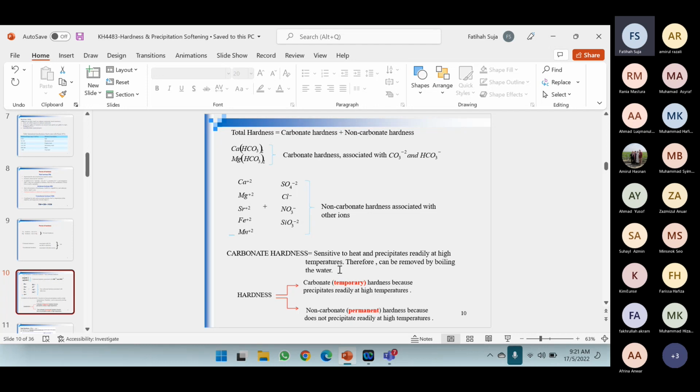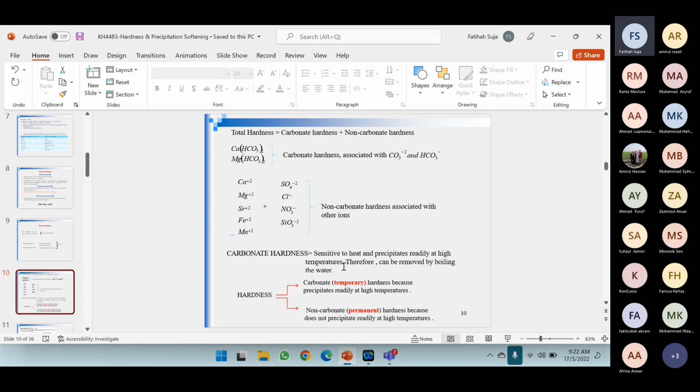Carbonate hardness is sensitive to heat and precipitates readily at high temperatures, therefore it can be removed by boiling the water. You know that carbonate hardness is due to carbonate and bicarbonate of calcium and magnesium and a few other cations.